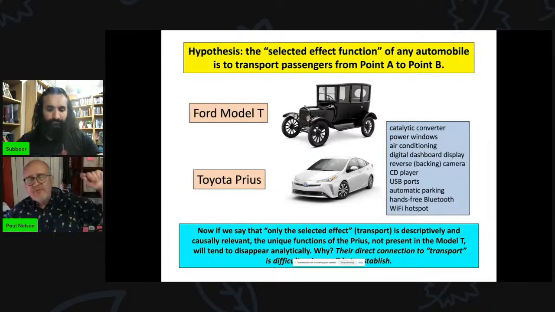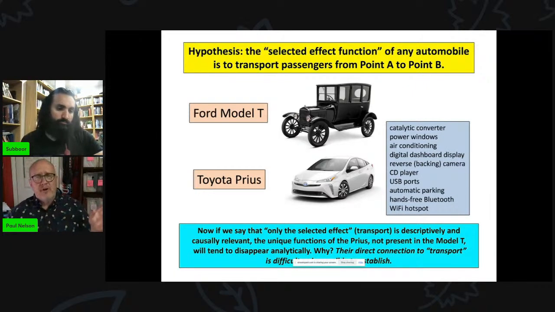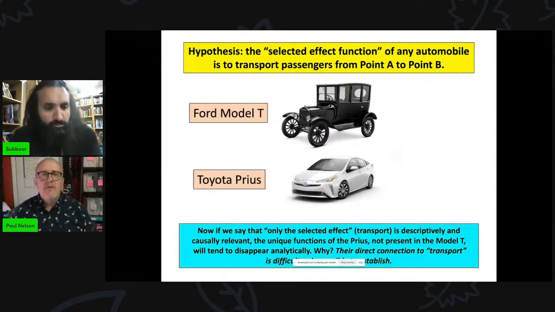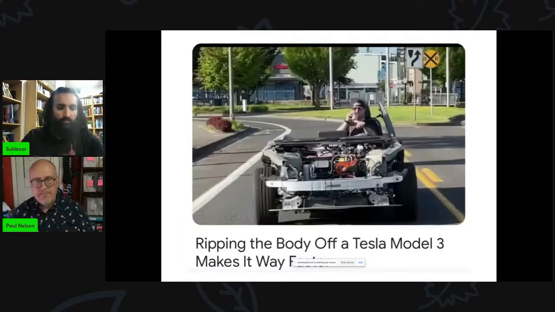So you can charge your phone. So you can play your Spotify playlist, right? Plug it into the dash and so forth. A Prius is overloaded with functions relative to the Model T that have no direct connection to the selected effect function of going from A to B. And these will tend to disappear analytically if you have defined your selected effect function too narrowly.